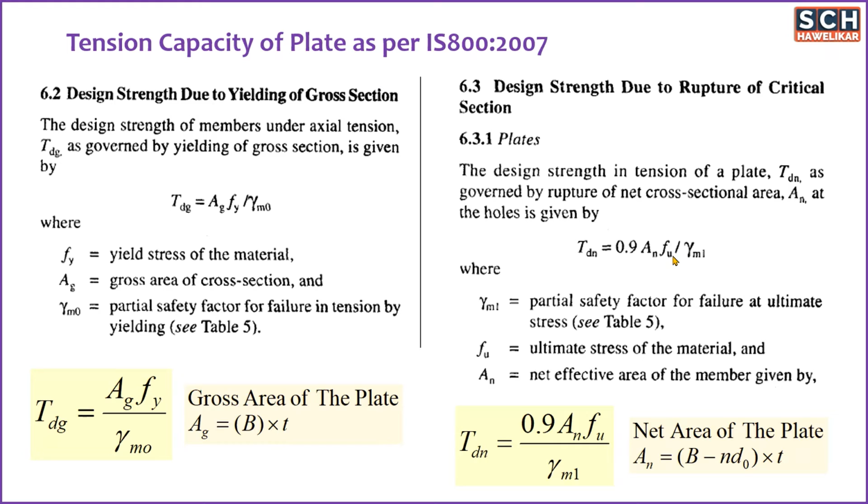So when we reduce something from the gross area, it becomes the net area, and the net area formula becomes An is equal to B minus n d0 into T. This is the formula through which we can calculate the net strength of the plate.